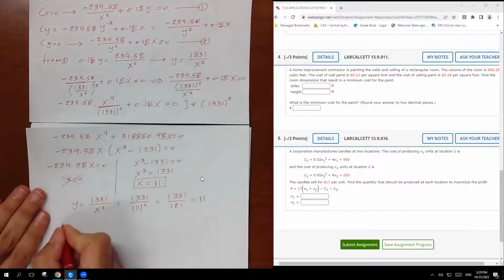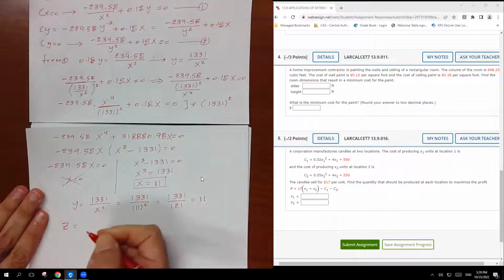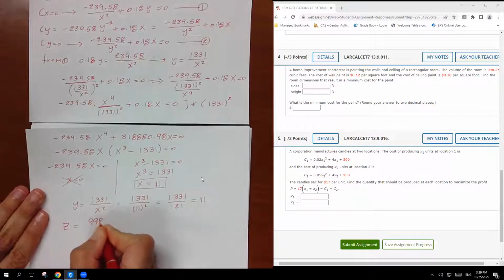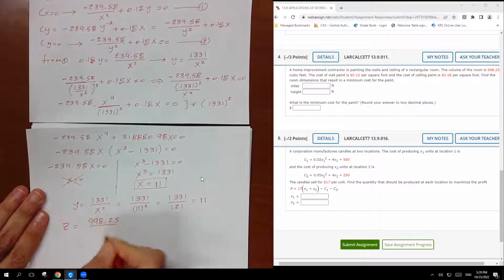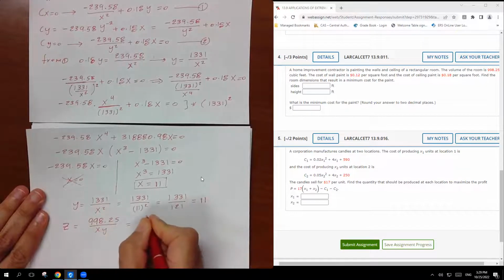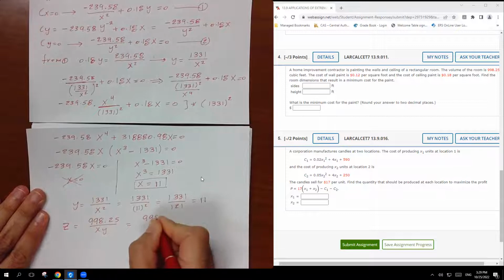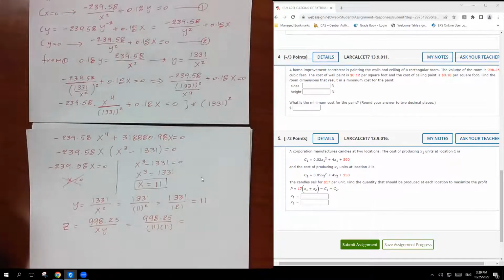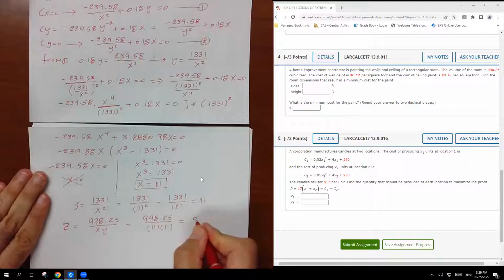So z equal 998.25 divided by xy, which is equal 998.25 divided by 11 times 11, which is going to be equal 998.25 divided by 121, which is going to be 8.25. So our z coordinate, which is the height, is 8.25 feet.